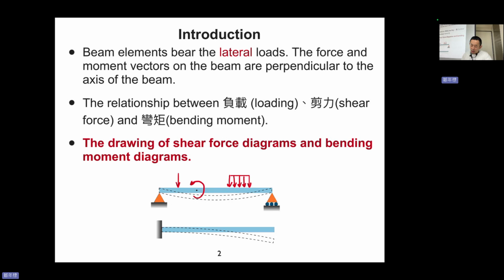So the loading will make this beam bend. What is a beam? 梁啦. Okay, they are all beams.